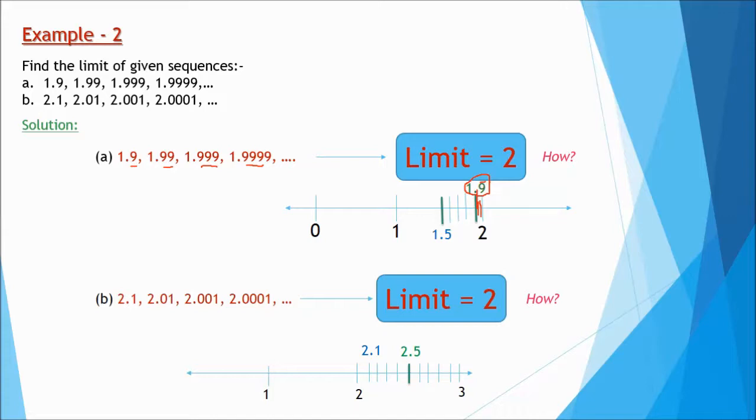Now 2.001 is closer than 2.1, and the next values will be closer still. Ultimately they are approaching the number 2, isn't it? So our limit is 2. If we round off 2.1, 2.01, 2.001, 2.0001, we get the nearest number, 2. So our limit is 2.